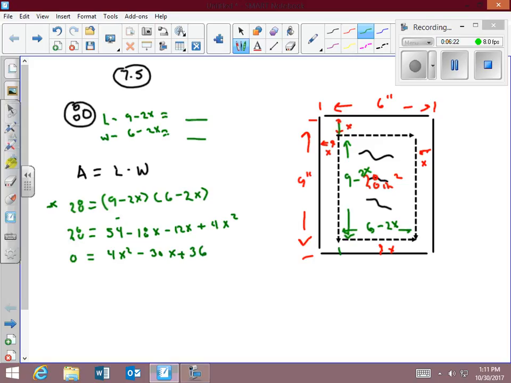I'm taking this 28 away from this 54, and I should have 26. Is that better?